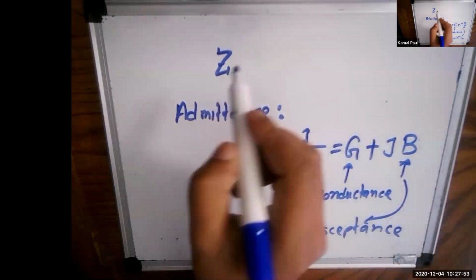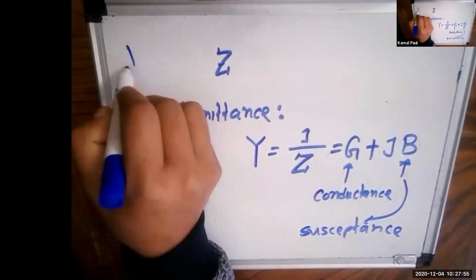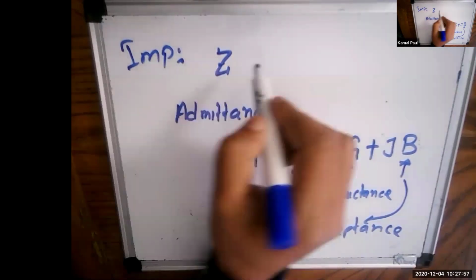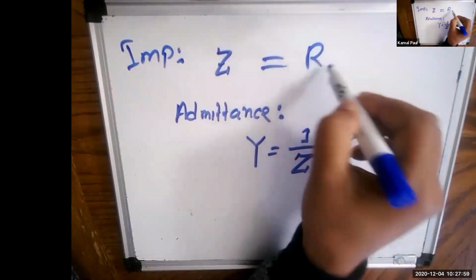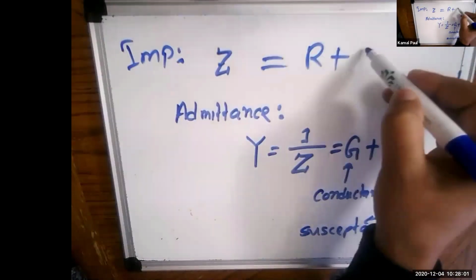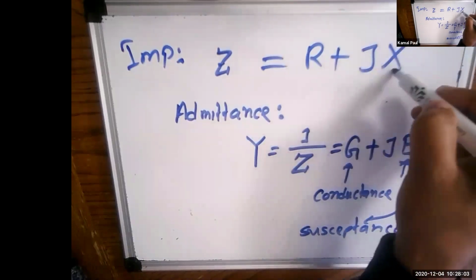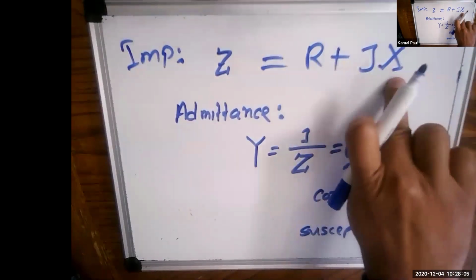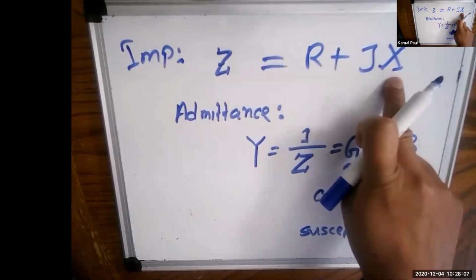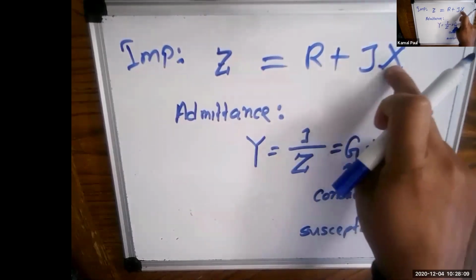But in the case of impedance, Z equals R plus J times X. This X could be XL, or it can be XC.